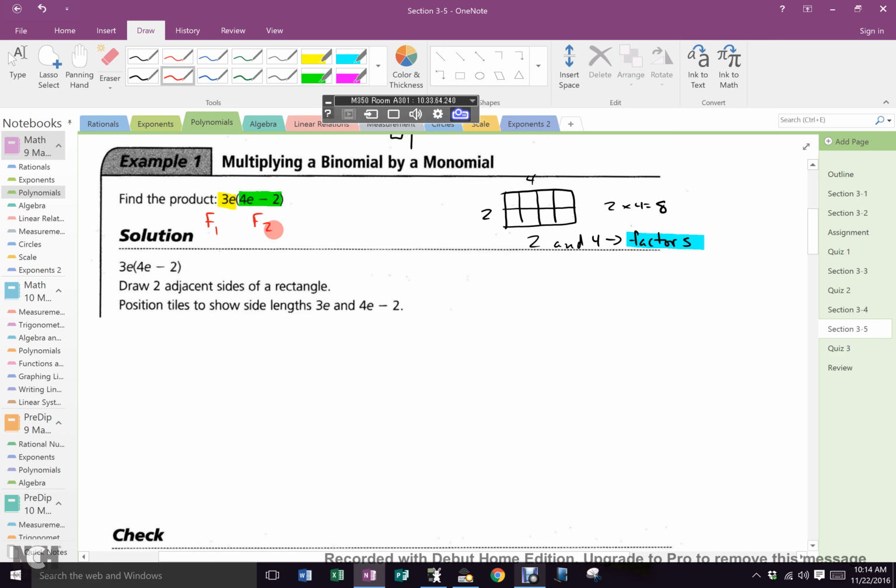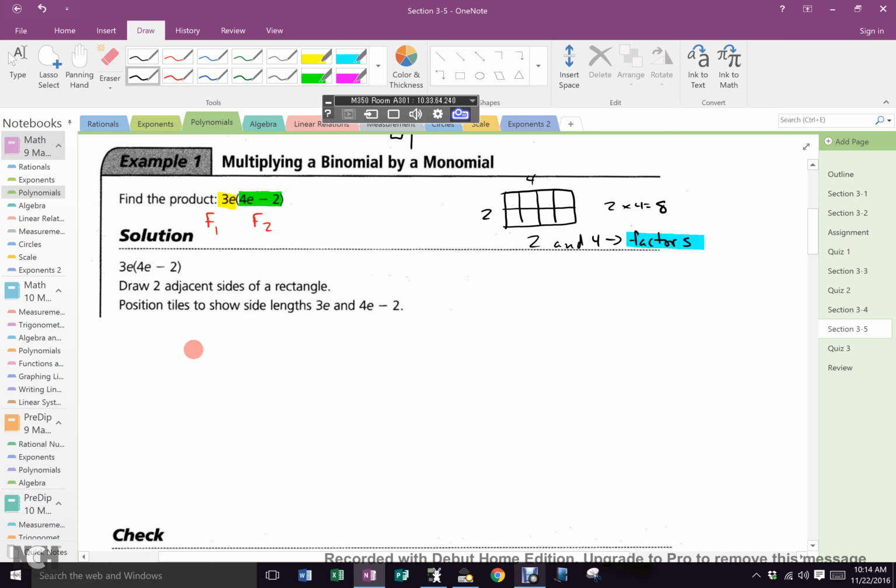Now, where do the factors live on those multiply rectangles that Mrs. Bad Crumble used to use? Do the factors live on the sides or in the middle? On the sides, right? So if they lived on the sides in grade 3, do they live on the sides in grade 9? Of course they do, because math's always the same. So one side of this rectangle has to be 3e.